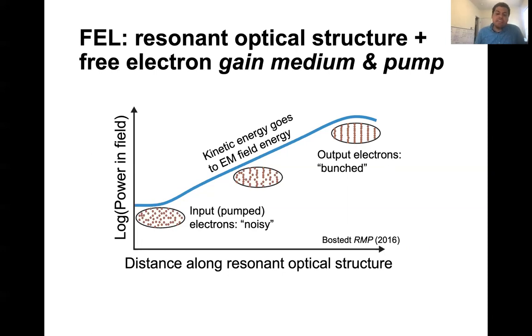The idea is that the electrons coming from the gun naturally have random positions, which means they have random phases in the field that they're trying to emit. That's because there are shot noise processes associated with electron guns. Because these electrons are phase matched to a mode in the structure, they can spontaneously emit a photon.